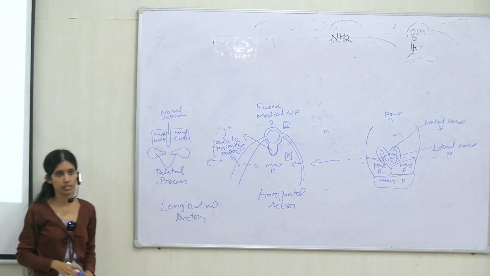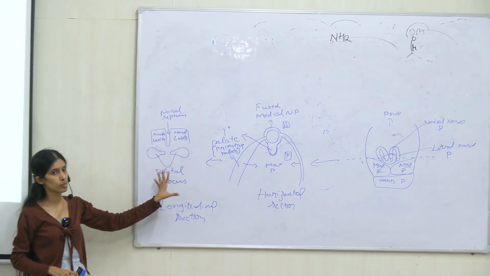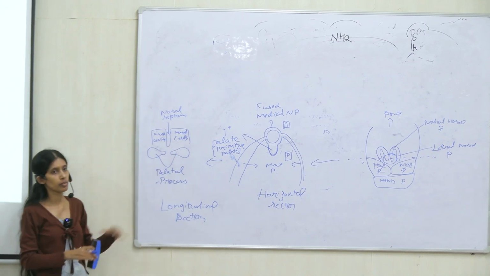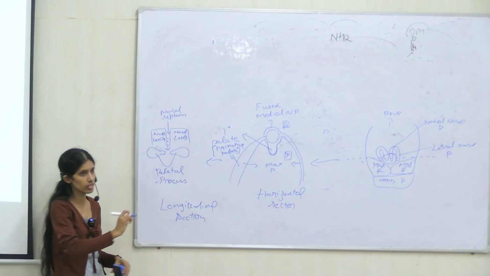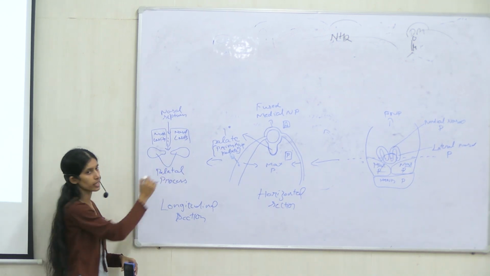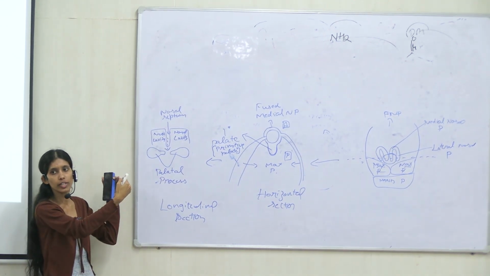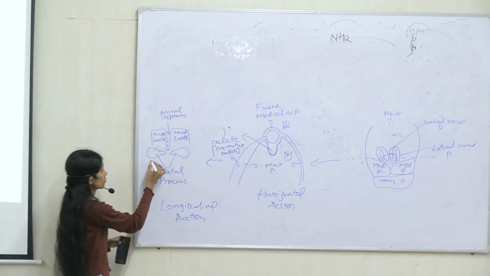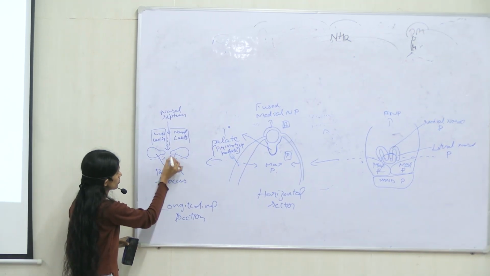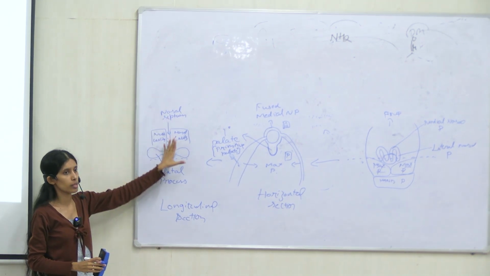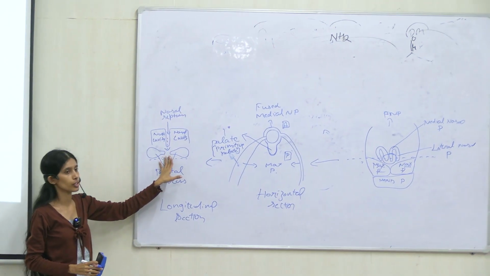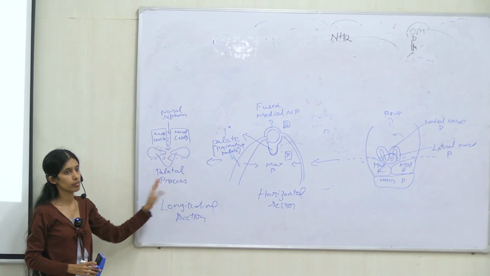Now in this part, your nasal septum will start moving in the downward direction, and your palatal process will start moving towards the midline point, like this. At one point your nasal septum will come and join with your palatal process.